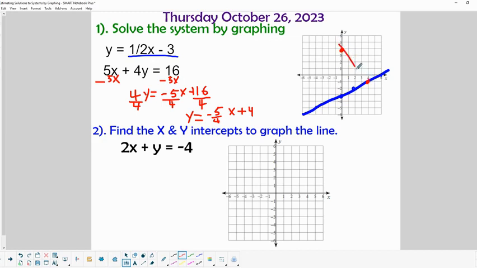When we connect the dots, there is our intersection at (4, -1). And that's how you graph a system and then see where they intersect, and that becomes your solution. That's the x and y value that makes both of these equations true at the same spot.